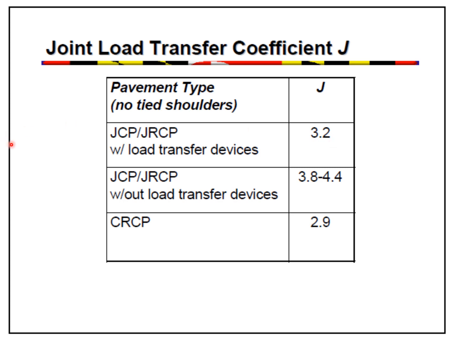So keep in mind that the joint load transfer coefficient is small when there is effective load transfer at the joint. Keep in mind that the joint is the weakest part of the rigid pavement.